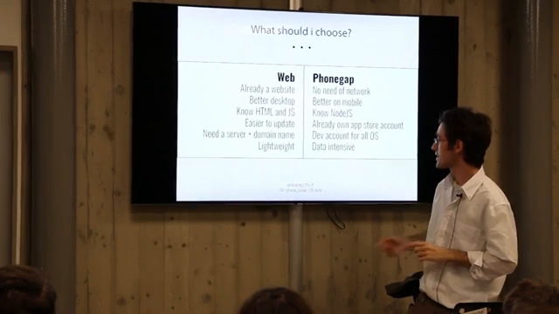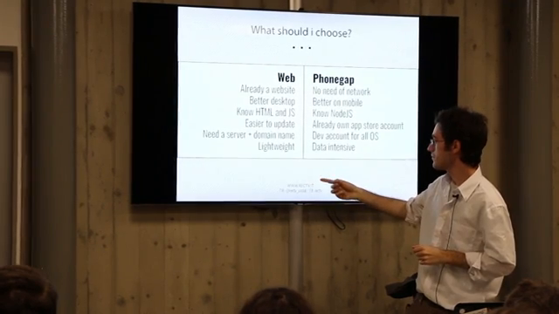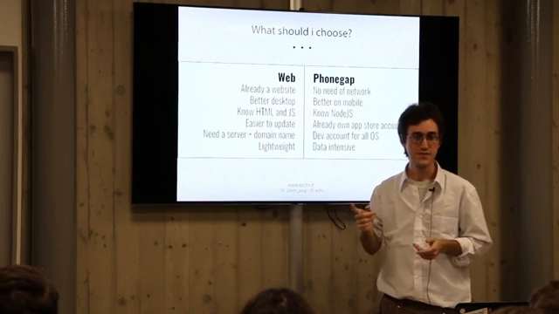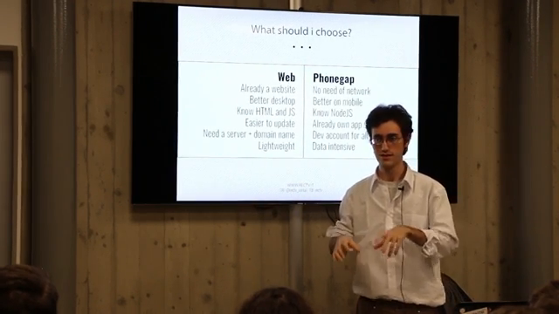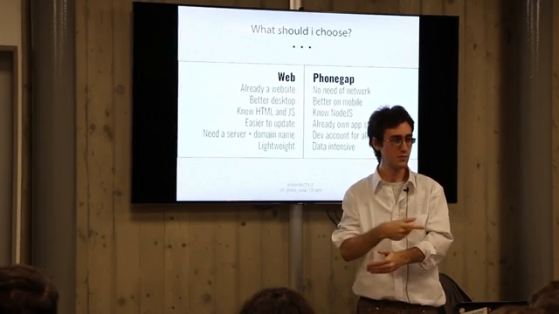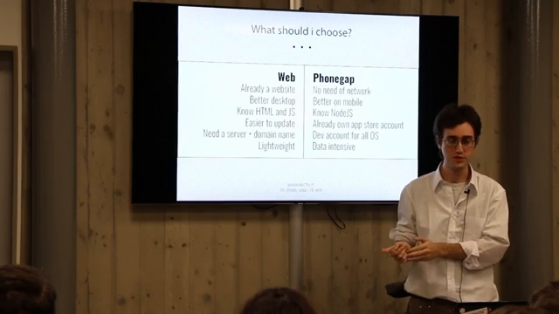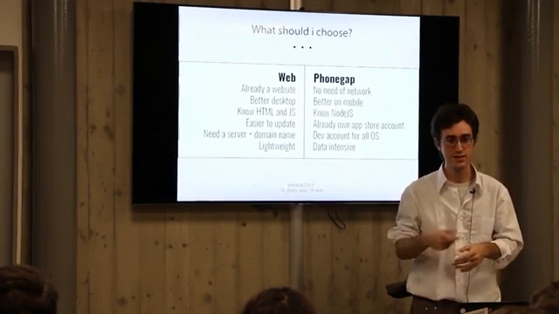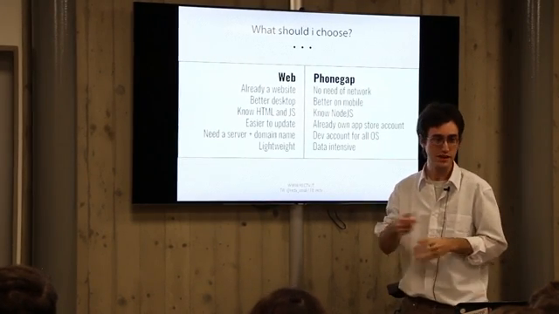Then the downside is that the web needs a server and a domain name. A server is a computer which is tasked with serving the web pages. You can use Amazon Web Services or WordPress, AltaVista, most of which are free.